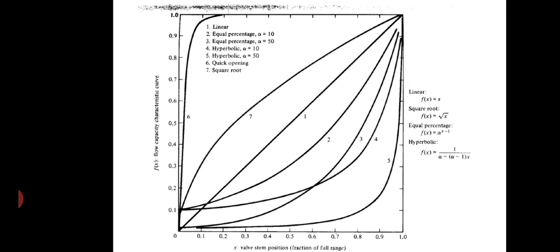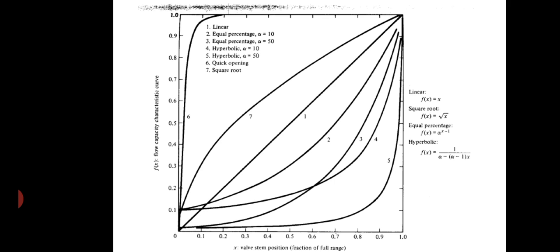For the equal percentage valve, the characteristic is defined as f(x) equals alpha to the power x minus 1, where alpha equals 10 for the second curve, and for the third curve, which looks like an increasing exponential curve, f(x) equals alpha to the power x minus 1, where alpha equals 50. Curves four and five represent the hyperbolic characteristic.